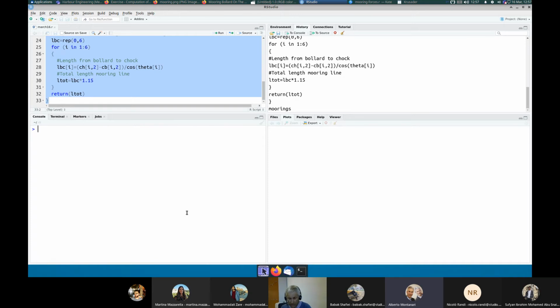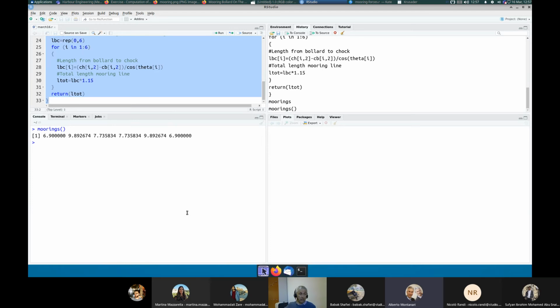So I clear the console. I can write again moorings and no arguments. If I do no arguments, it takes the defaults, which are already there. So I should get an output from here. And this is my total length of the mooring lines. This is the vector of the total length, which means that the function is working.